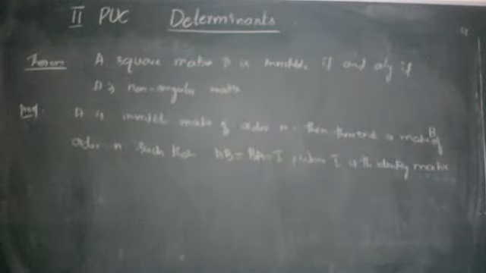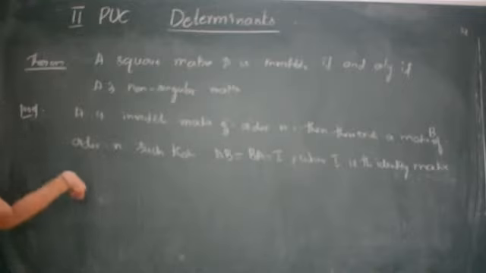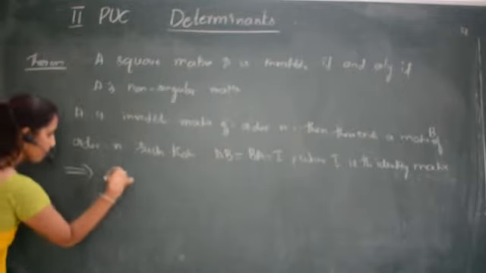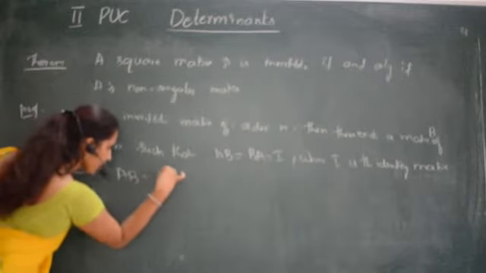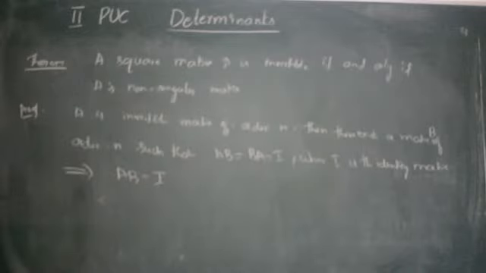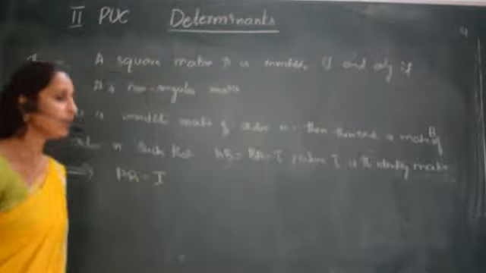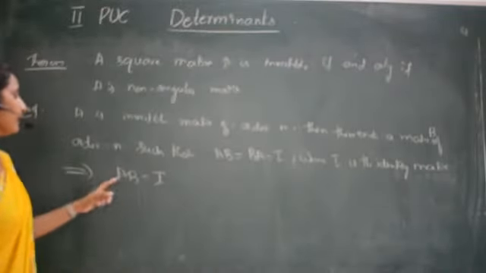Now, if AB and BA are equal to I, we can take either AB is equal to I or BA is equal to I. Non-singular means we have to go for the determinant.